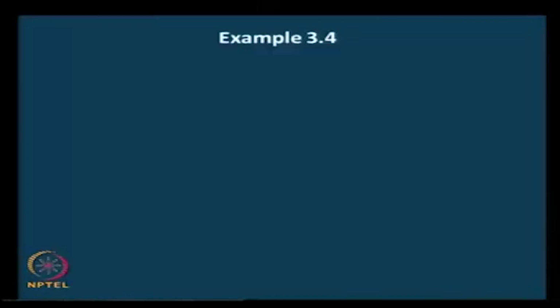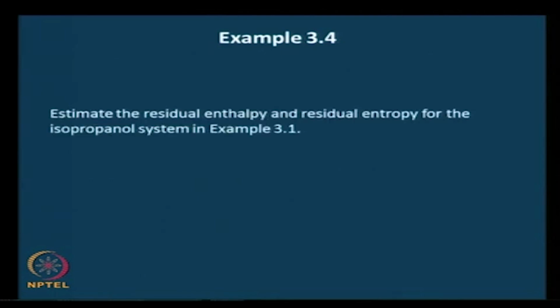To get a little more familiar with the use of generalized correlations, let us work out the example 3.4 here. We are going to continue with our favorite model system, isopropanol.